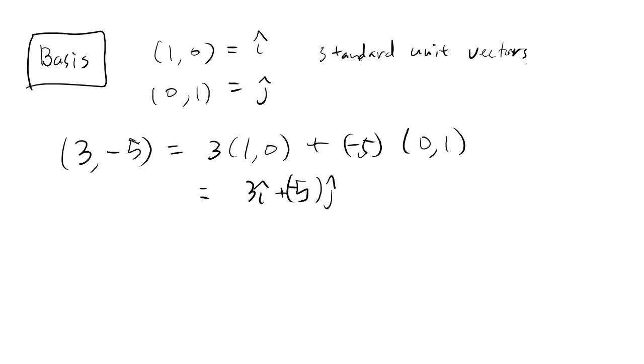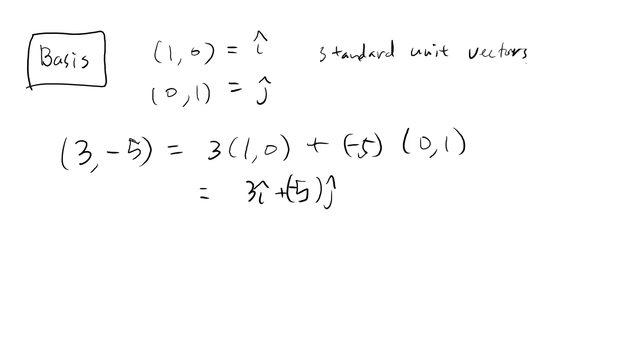Not only that, it's the smallest set you can come up with. So in two-dimensional spaces, you'll see that the least set of vectors that you can use to represent any other vector will have to be at least 2.